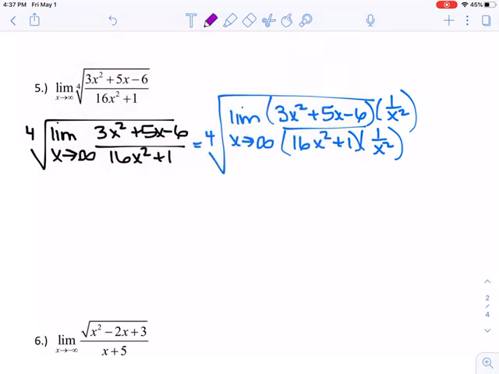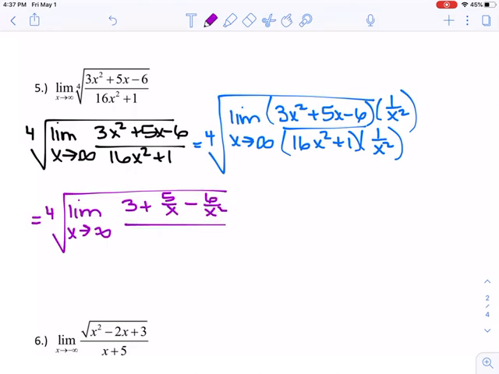So when I do that, we're going to have the fourth root of the limit as x approaches infinity of 3 plus 5 over x minus 6 over x squared all over 16 plus 1 over x squared.